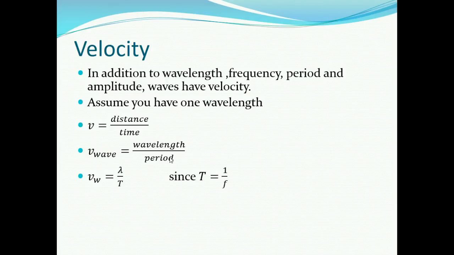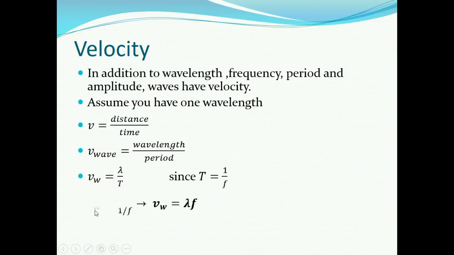Lambda represents wavelength, and T represents period. And since we know that period and frequency are reciprocals, period equals 1 over frequency, and frequency equals 1 over period.